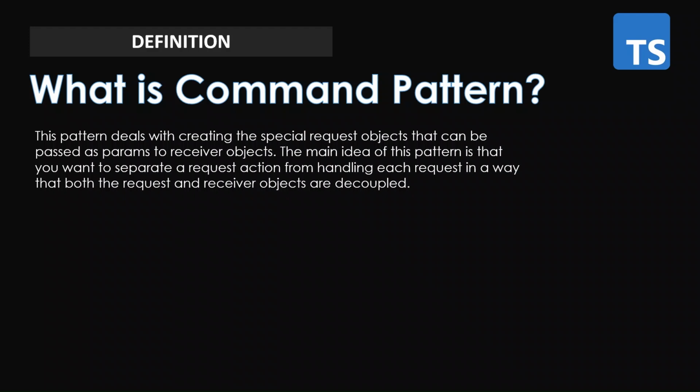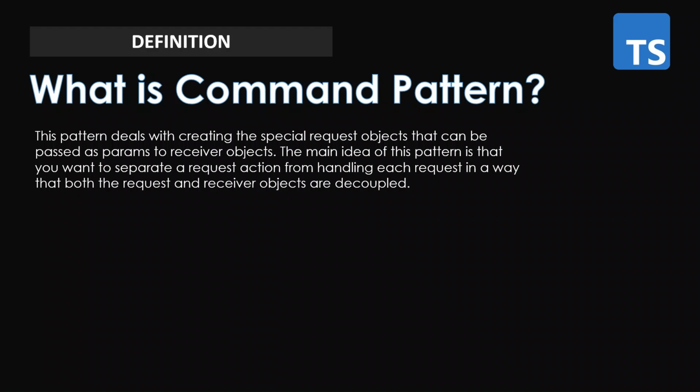Now the command pattern. So this command pattern deals with creating special request objects that can be passed as parameters to receiver objects. And the main idea of this pattern is that you want to separate a request action from handling each request in a way that both the request and receiver objects are decoupled. Let me explain this.